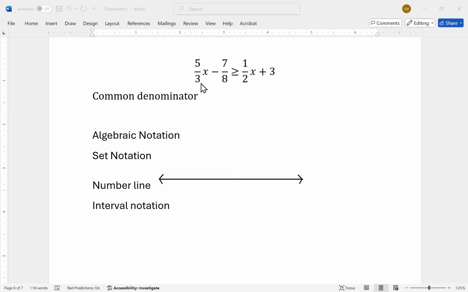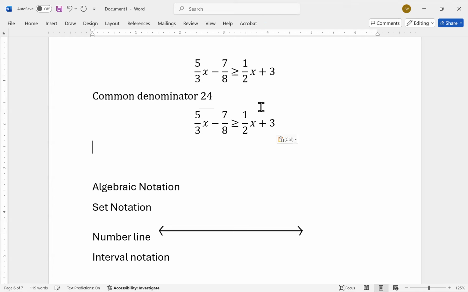Now, there's multiple common denominators we can use, but the smallest positive integer value which is evenly divided by 3, 8, and 2 is 24. So we're going to use the common denominator of 24.